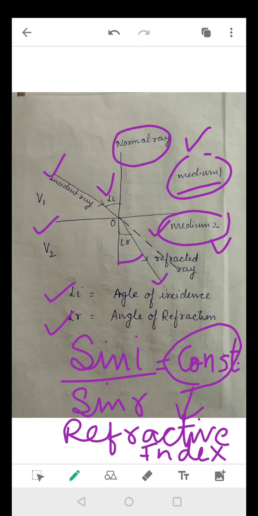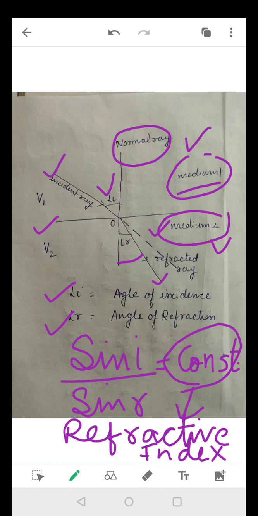Now suppose I want to calculate the refractive index of medium 1. मुझे किसका रिफ्रैक्टिव इंडेक्स निकालना है? मीडियम 1 का रिफ्रैक्टिव इंडेक्स निकालना है. ठीक है?